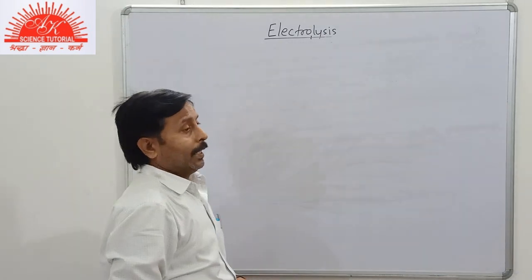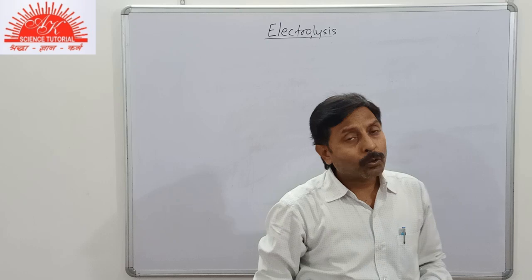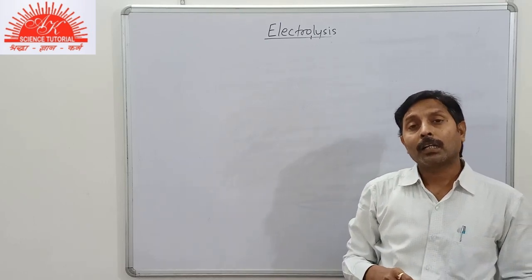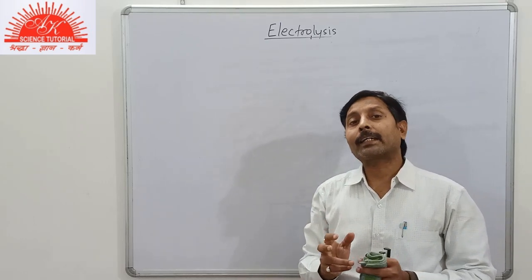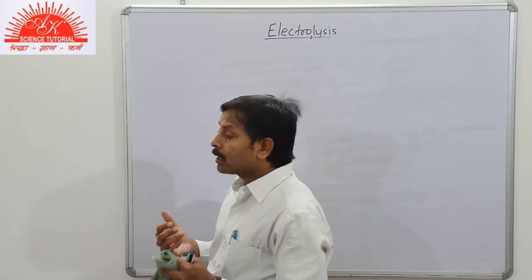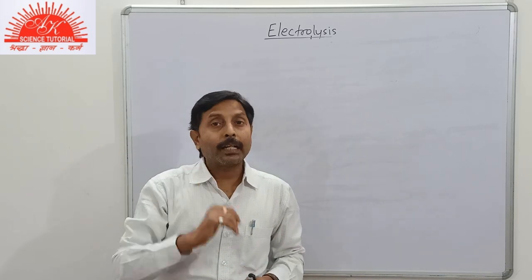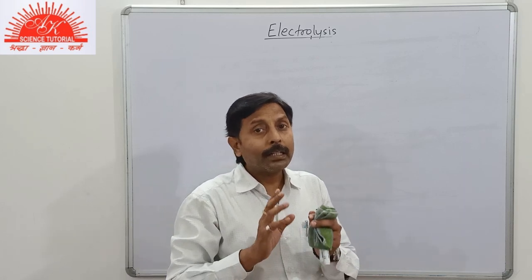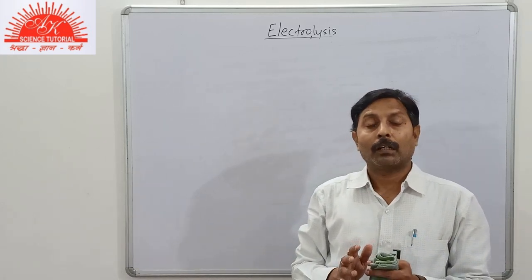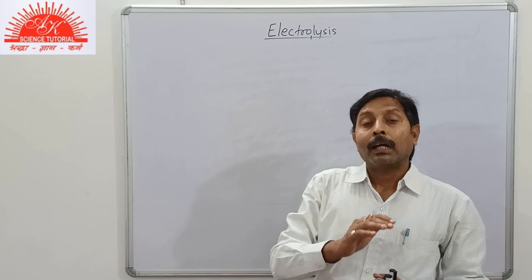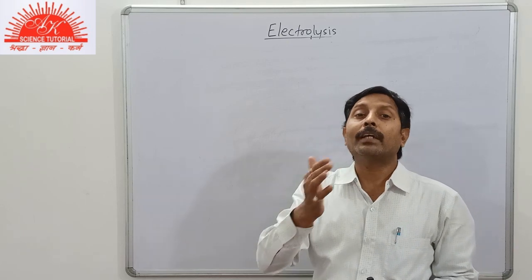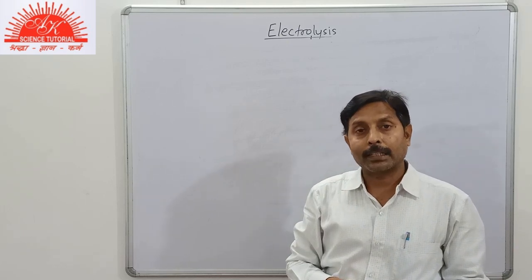Now, students, we have to further study. We know that ionic compounds are used as electrolyte. They have ions, they conduct electricity. But here you have to remember in which condition they will be able to conduct electricity.